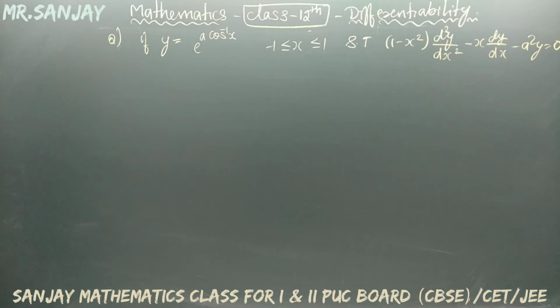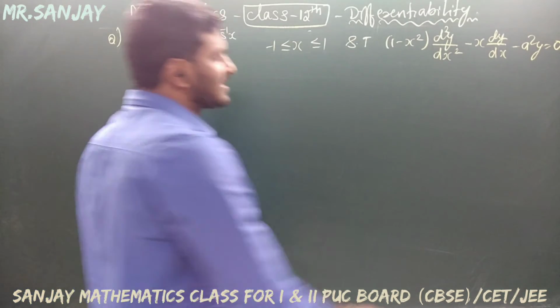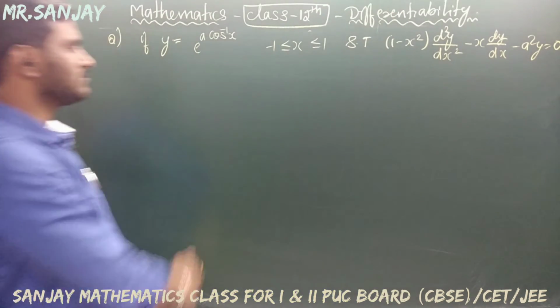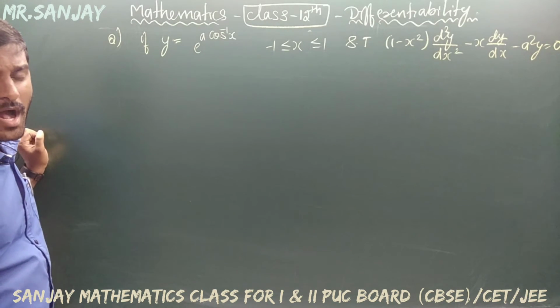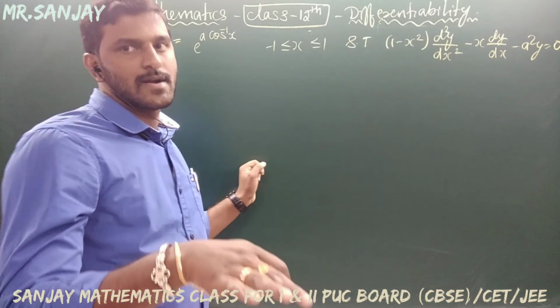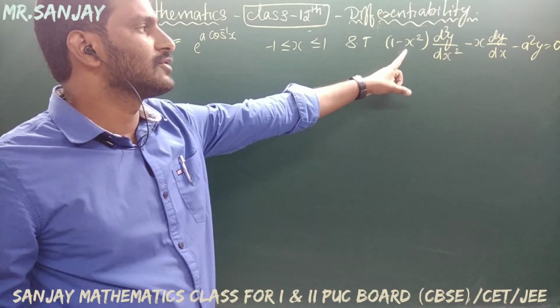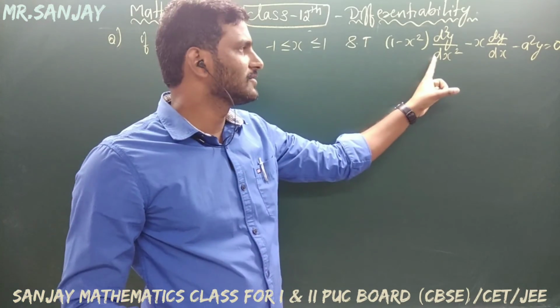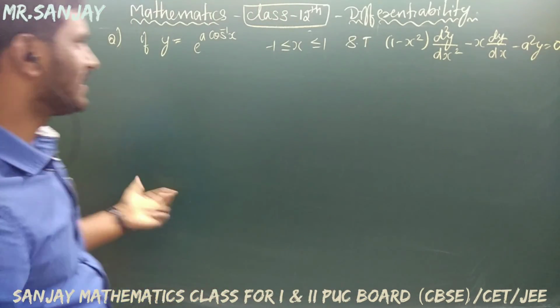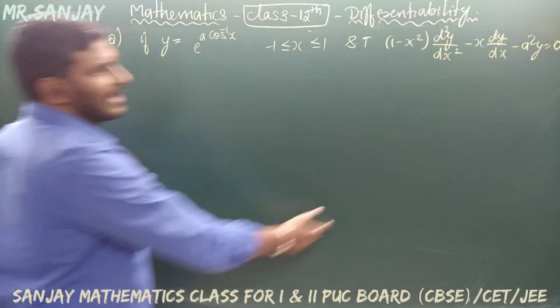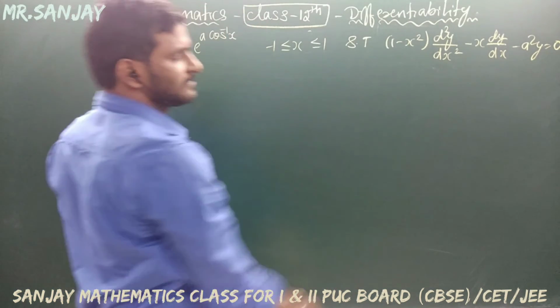It's a very simple question. So first we need to differentiate one time, after that twice. If I substitute this one, exactly we are getting the answer. Otherwise, do the differentiation twice and finally we get this answer.